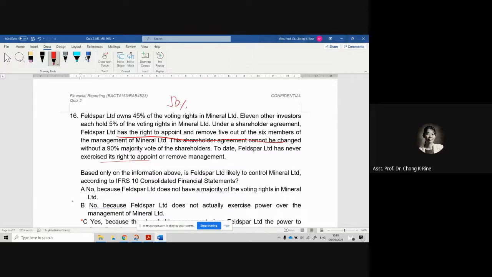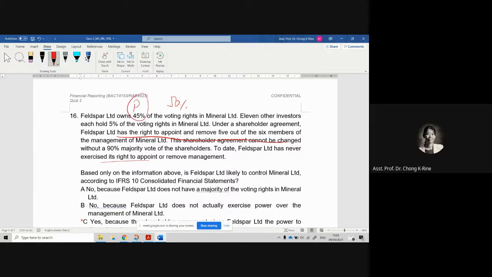However, I mentioned a story to all of you, right? If one of the company owns like 40 over percent, and then the remaining shares are owned by a lot of minor shareholders, actually, in substance, this company is a parent already, remember or not?